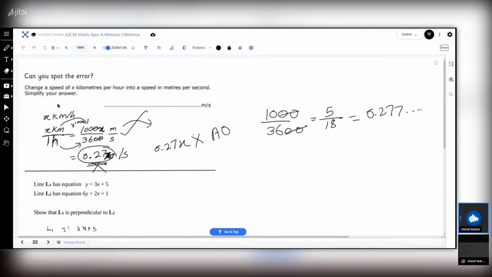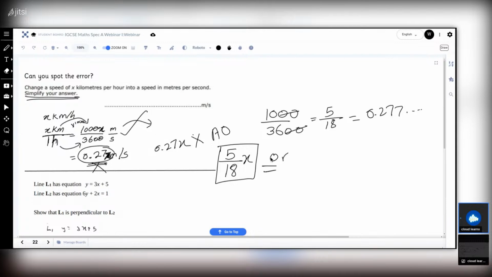That's not exactly what it is. Simplifying does not mean you need to round your answer. The exact answer they were expecting was 5/18 of x. You wouldn't convert it into decimal because you're losing the accuracy.